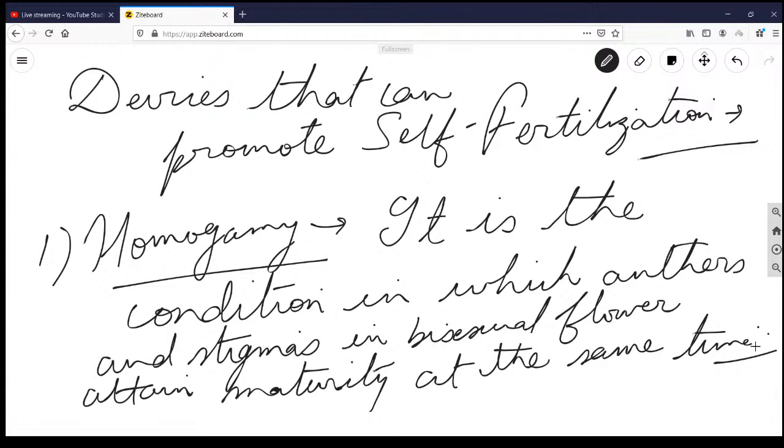Then we have cleistogamy. Very, very important is cleistogamy. Okay.